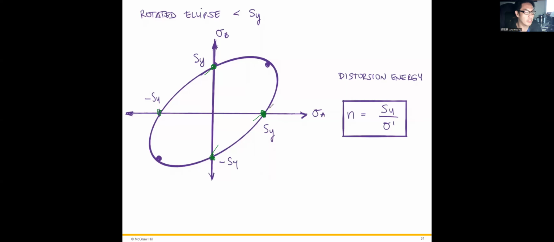So we can plot this stress envelope by sigma A and sigma B. And this distortion energy method can also evaluate the safety factor, which equals the yielding stress divided by sigma prime, the von Mises stress. It's quite simple.